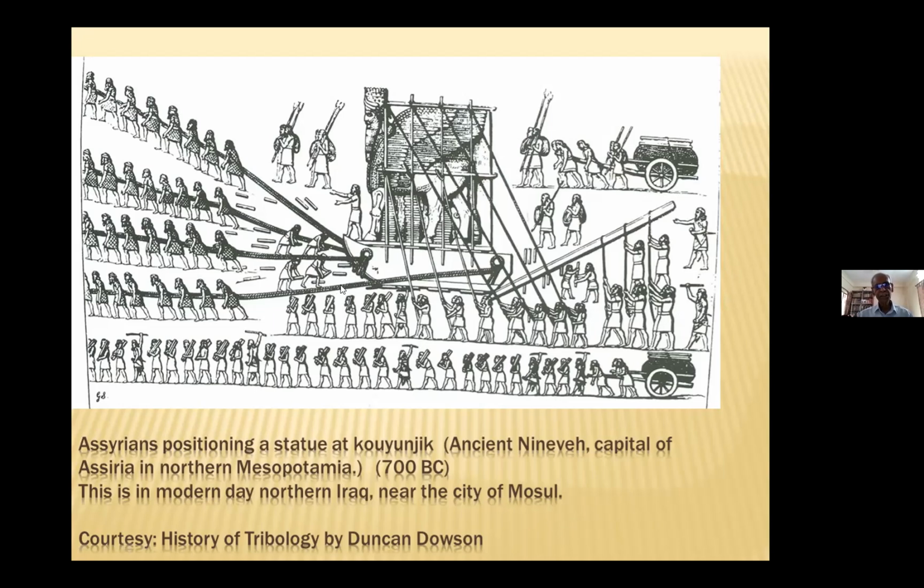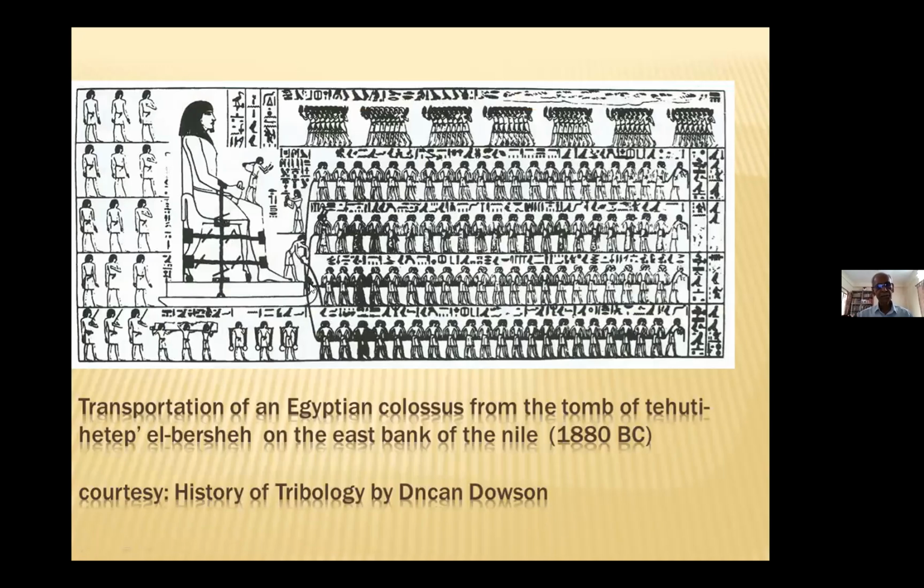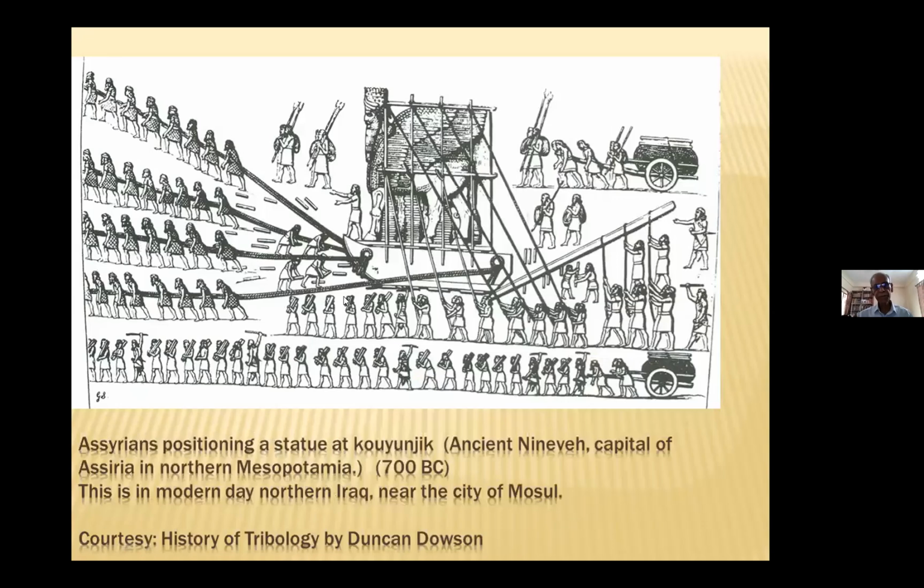So the difference between this figure and the previous figure is that there they're trying to make the sliding easy by putting some lubricant. And here they're trying to make the sliding easy by pushing some rollers.